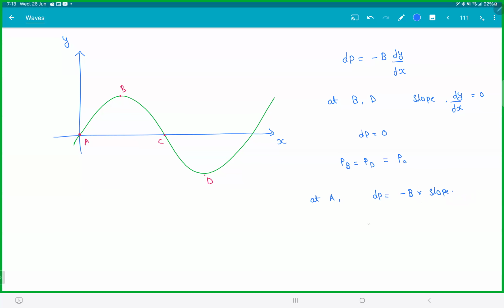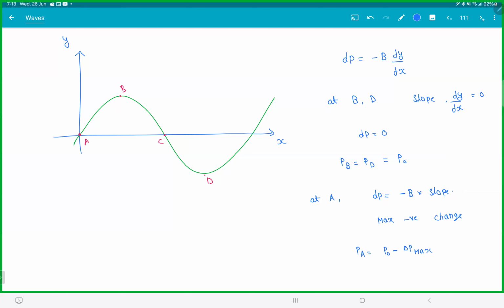That means at A, dP is a negative maximum. This is a max negative change. That means pressure at A is P naught minus delta P max.